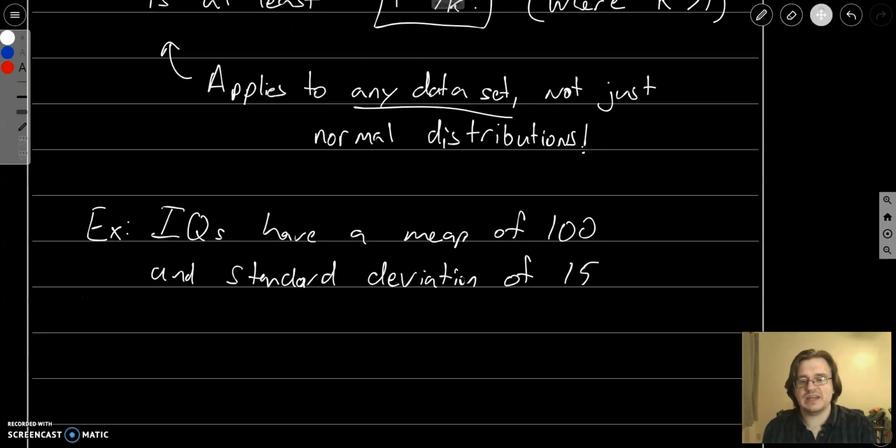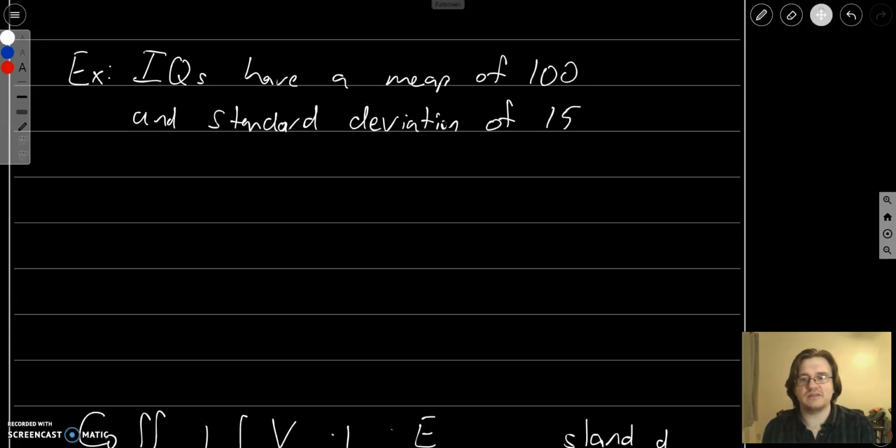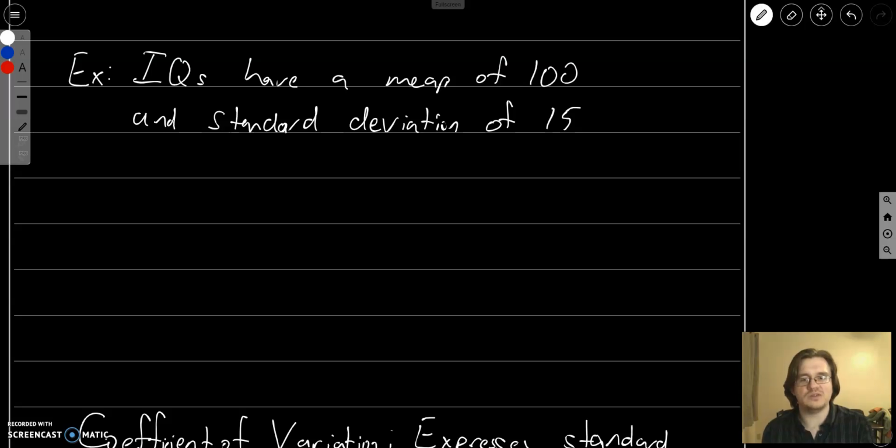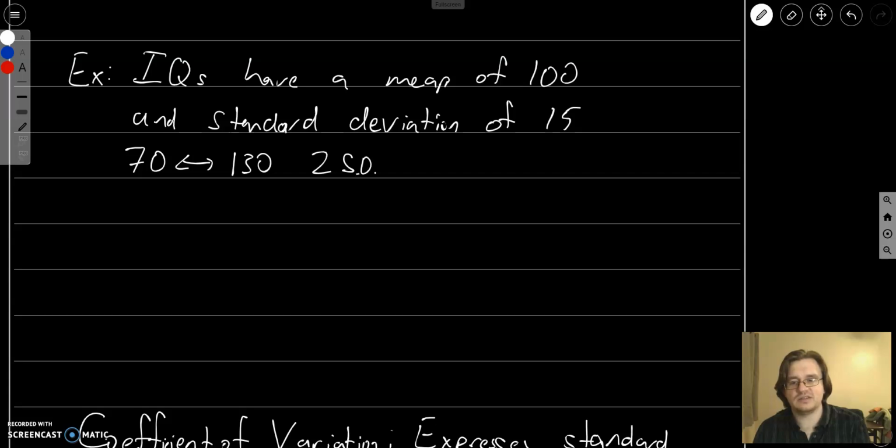So let's pretend that we don't know IQs have a normal distribution. And all we know is that we have the mean, which is 100, and the standard deviation of 15. So let's look at the range between 70 and 130. We said that this is 2 standard deviations above and below the mean.